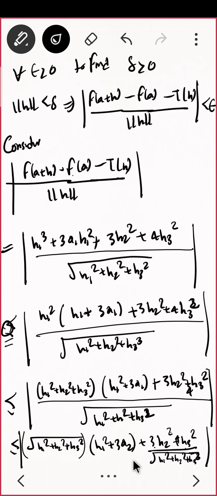And I just want to relate. Let us see. This is less than or equal to, first guy is h1 square plus h2 square plus h3 square. This is just an approximation you need to take. And can I put here and here? Here I am in the denominator. I am already having h1 square plus h2 square plus h3 square.